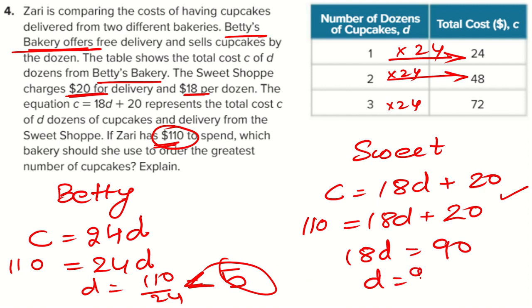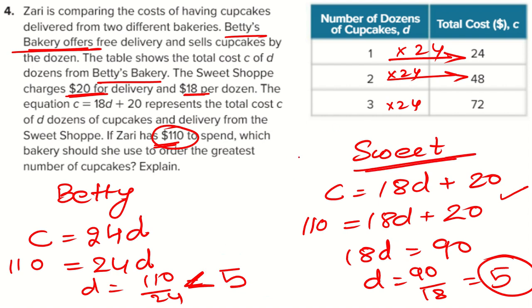So D is equal to 90 over 18, means 5. Here you can buy 5, but here you can buy 4 or less than 5. Okay. So where will you go? Sweet shoppy is the better option to buy. Okay. This is the explanation, what they write here, explain.